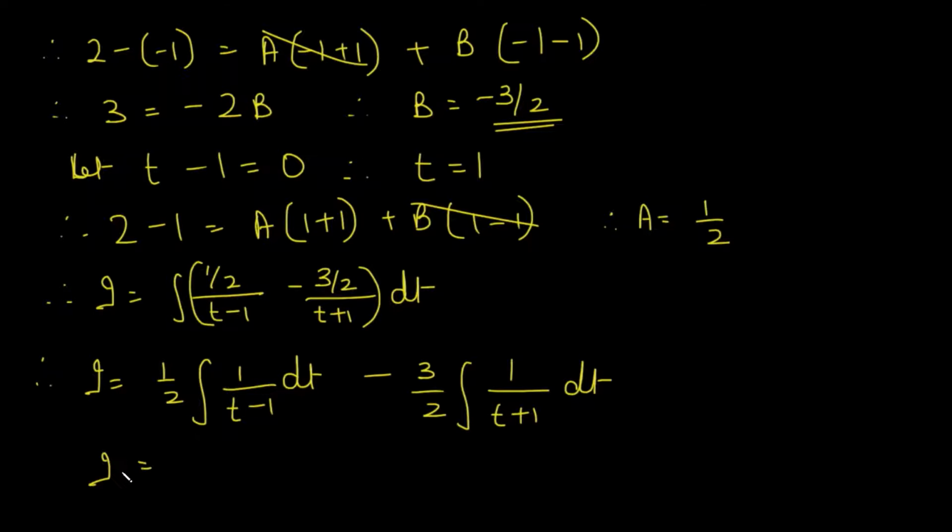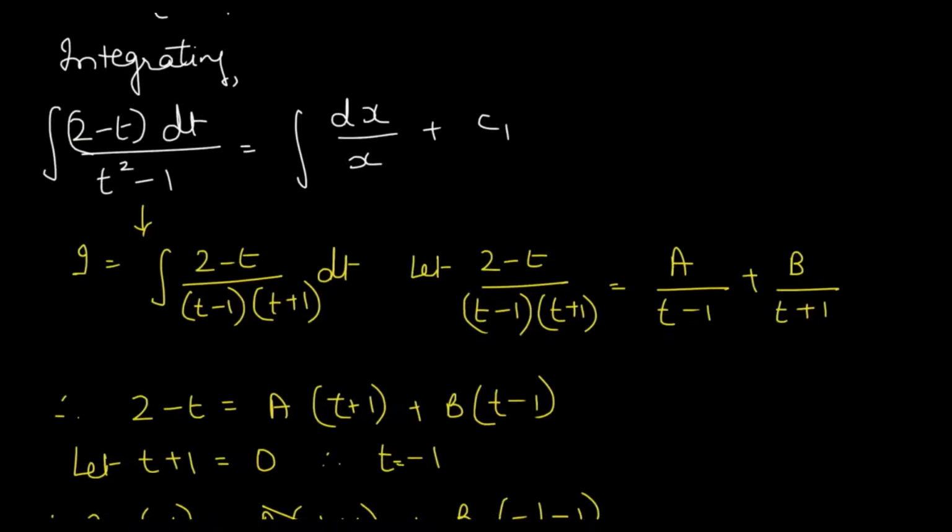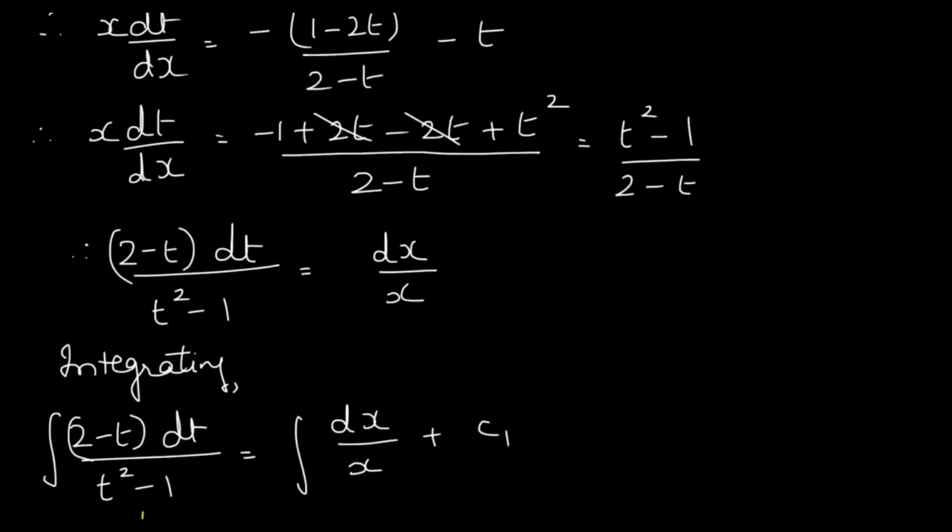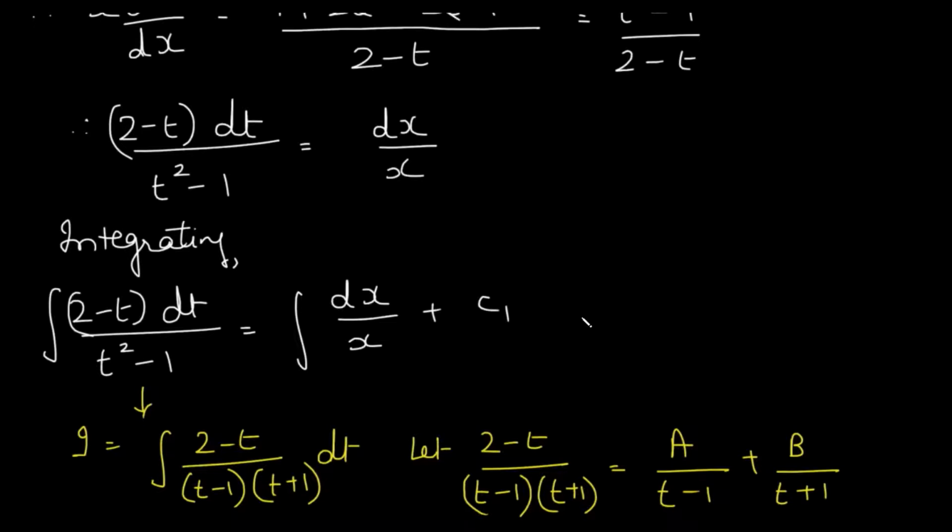So the answer for this comes out to be 1 upon 2 log mod of t minus 1, because the integral of 1 upon x is log x, minus 3 upon 2 log mod of t plus 1. So this is our integral. This is not a final answer, remember that, because we are going to substitute all these values over here.